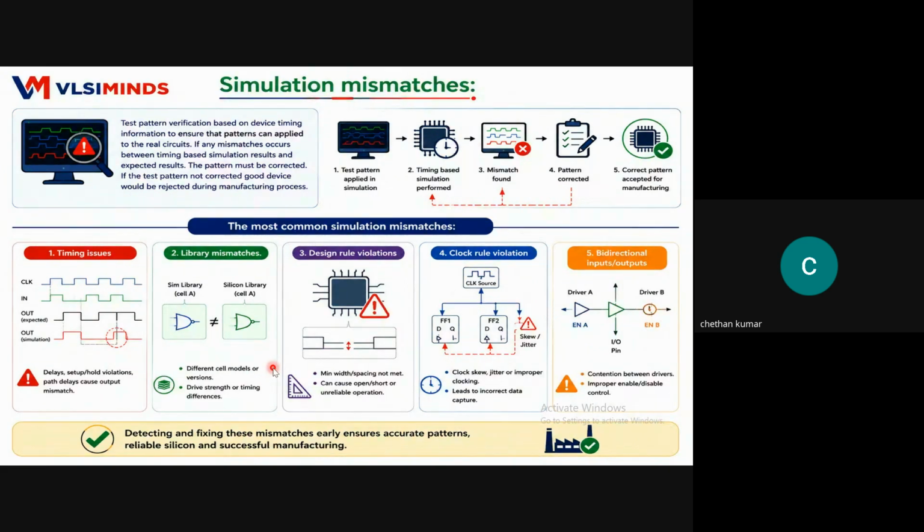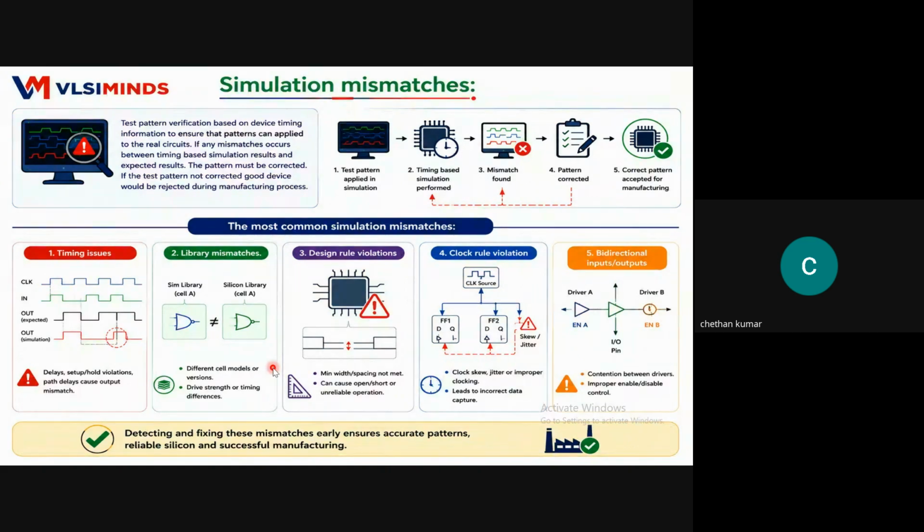There will be different libraries which we use at different stages for synthesis, scan insertion, ATPG and simulations. The libraries we use during insertion, we should also use at the simulations. If there is any mismatch, the cell which we used for the insertion is different from the cell on which the patterns we are applying. So that mismatch may come.